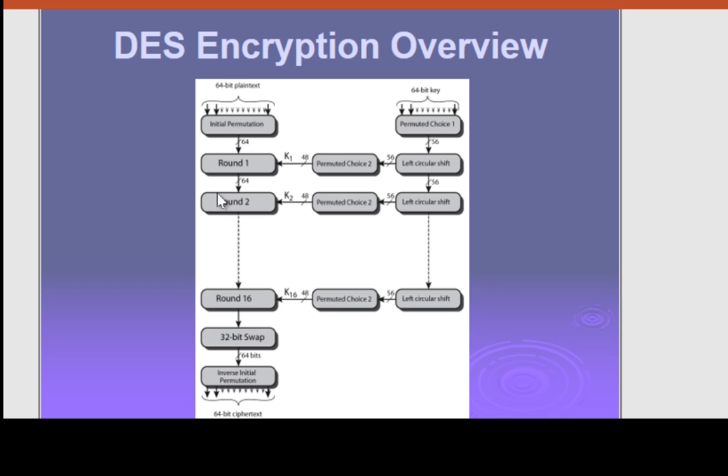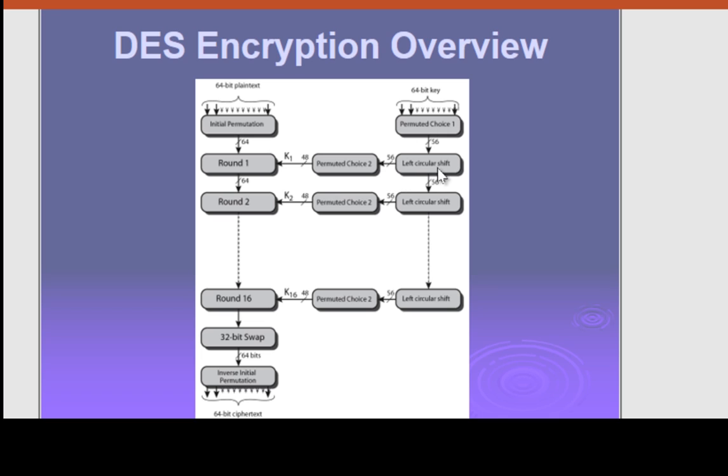This is the left hand part, and from the right hand part the key is also generated, that is a 56-bit key. For this 56-bit key, permutation choice 1, PC1, is applied, and then the left circular shift.